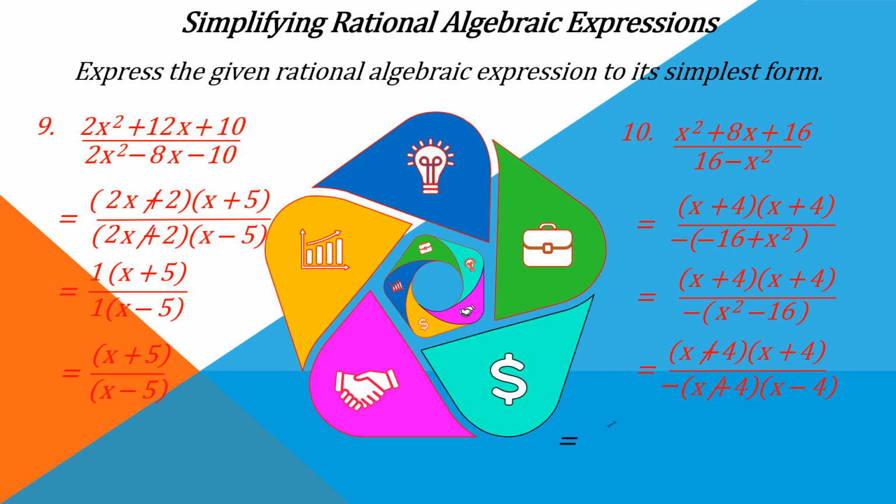We have 1 multiplied by x plus 4 divided by negative 1 multiplied by quantity x minus 4, and multiplying the terms, we have the product as x plus 4 divided by negative x minus 4, and that is our final answer for example number 10.